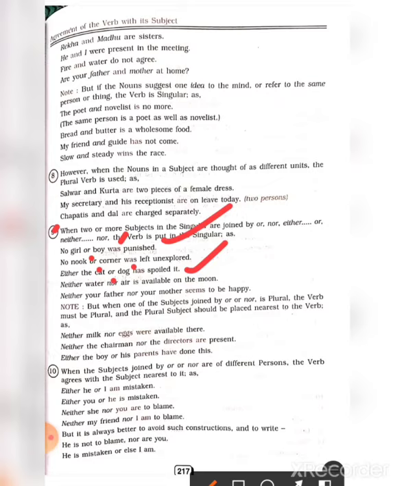Okay. Next, neither water nor air is available on the moon. So water and air are joined by neither-nor. So that is why the verb is singular here. Next, same type of example. Neither your father nor your mother seems to be happy.